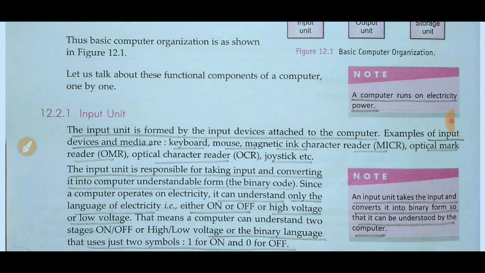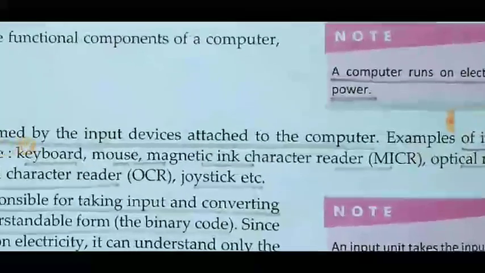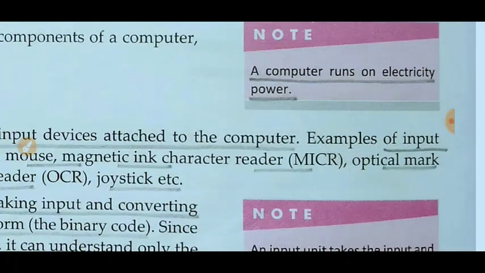Now you know very well, again, computer understands only binary code. Binary code consists of only two digits, either 0 or 1. One thing you remember: computer always runs on electricity power. That means it understands only high voltage or low voltage, or you can say in terms of on and off.